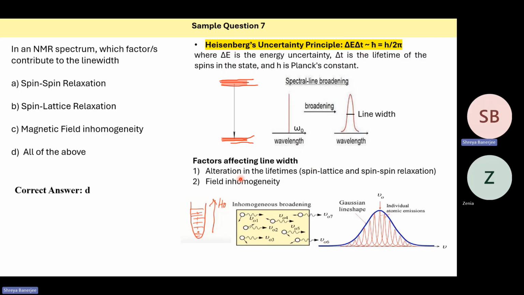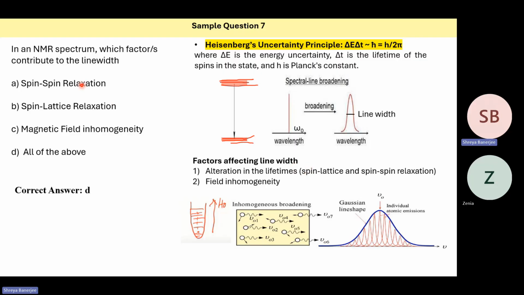It can be altered either by spin-spin relaxation. We know that in spin-spin relaxation, the signal decays. So the lifetime in that particular state is altered. Or by spin lattice relaxation, where a nucleus in the upper state can release energy into the lattice and come down to the lower state. So again, the lifetime in the upper state will be altered.